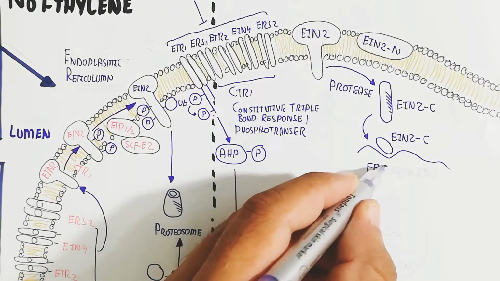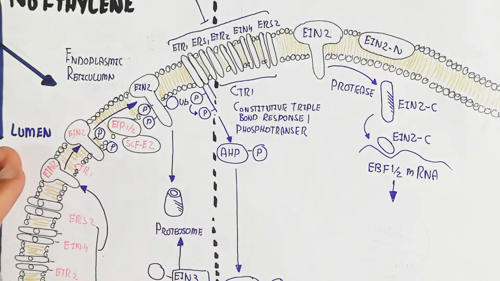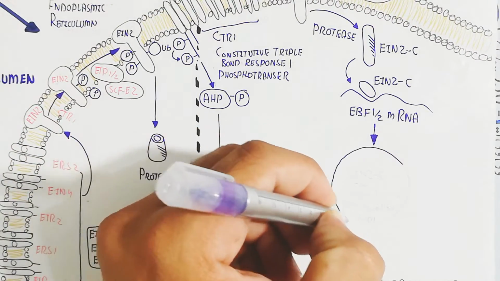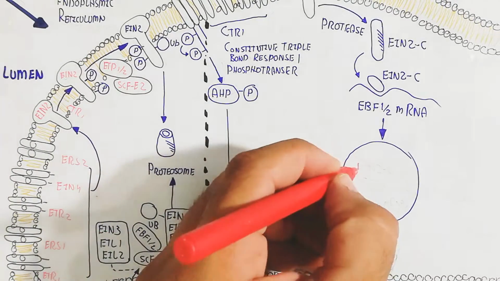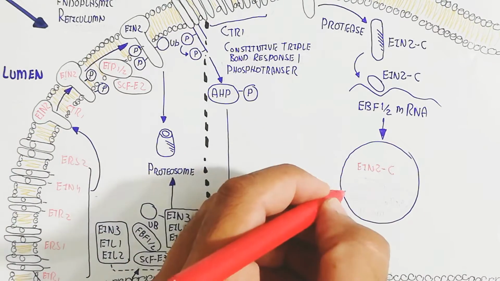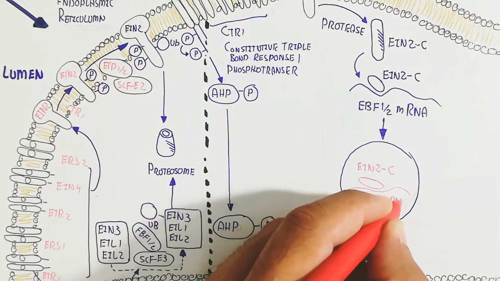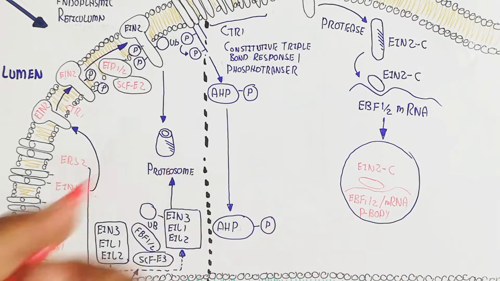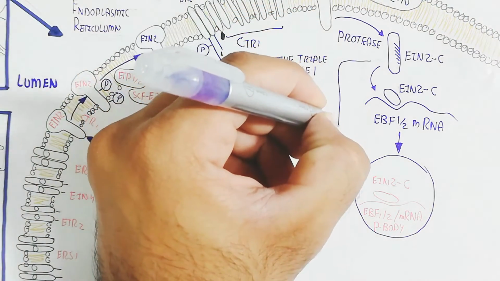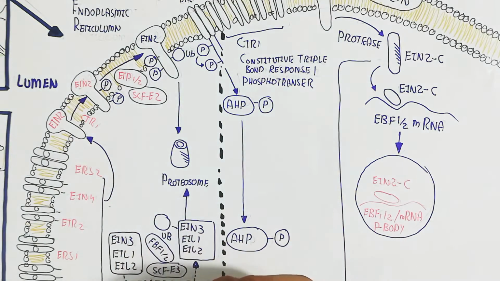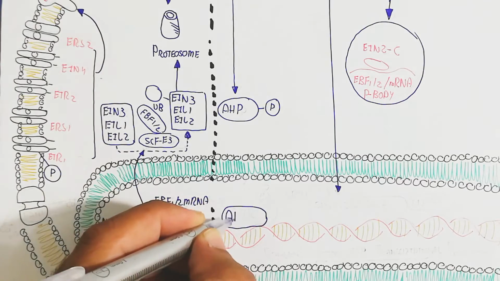So the EBF1 and 2 mRNA is produced during the no ethylene stimulation, but when ethylene is present, the EIN2C will bind with the EBF1 and 2 messenger RNA, while it will not bind in the absence of ethylene.